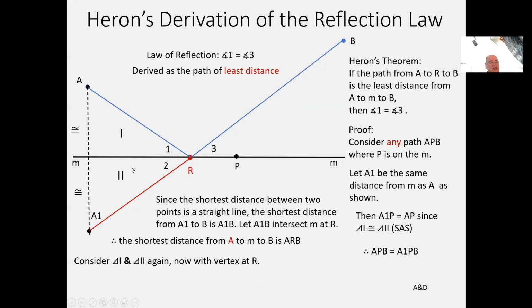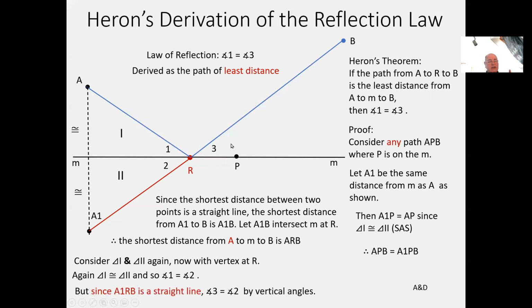If these two triangles are congruent, not only are these two sides equal, but these two angles are equal. They're corresponding angles. Angle 1 is equal to angle 2. But isn't angle 2 equal to angle 3? And here's the key point. Why is angle 2 equal to angle 3? Because these are vertical angles. Why are these vertical angles? Because this is a straight line.